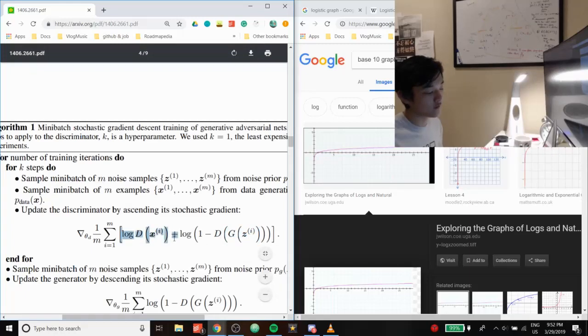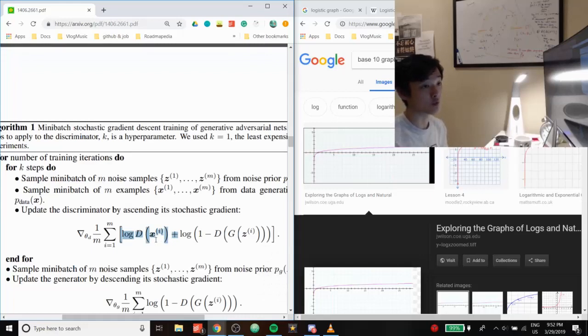D of X predicts the chance of X coming from the original data. This X sub i right here is labeled as the real data, and then we put it in.